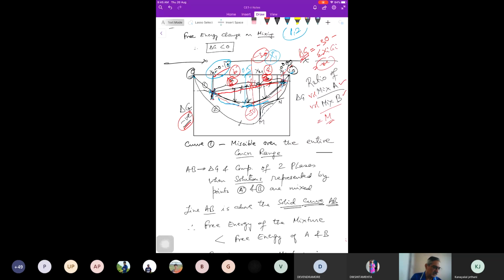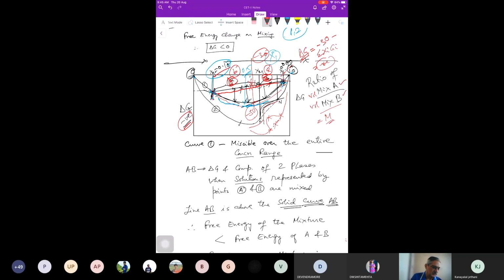Whereas the lower curve that we saw, if you see this curve which is going like this, right? This lower curve comes from here, goes here, comes here. This is going to be unstable because if I join these 2 points, the delta G of the mixture will be here, which is below the curve. Here it was above, here it is below, right?